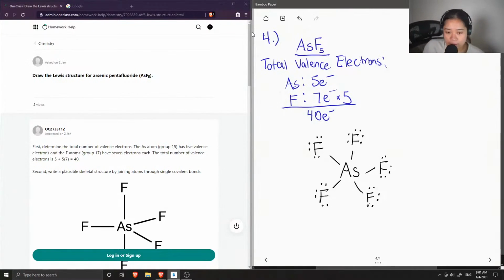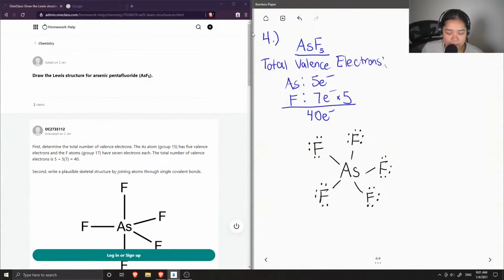Okay, so now I have drawn out all the lone pairs on my fluorines. And now let's see if we have 40 electrons drawn in the structure. So again, each bond contains 2 electrons, so I count out 5 bonds, so that's 10.